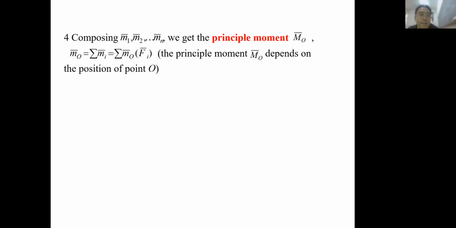So let's continue. Composing M1, M2 to Mn, we get the principal moment. We call that 主矩. Moment in Chinese means 力矩, 主矩. So we can see that MI is what we add when we do the translation of some forces.